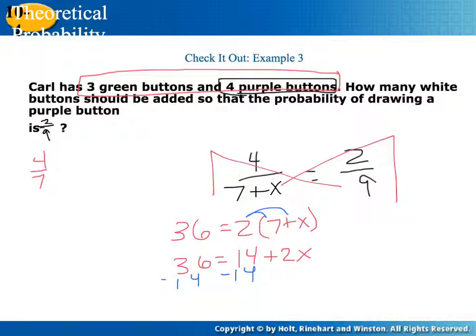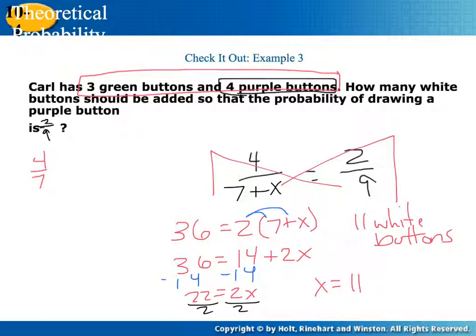And now I have 22 is equal to 2x. Divide by 2. And I solve for x, which is 11. How many white buttons need to be added? 11 white buttons. If I added 11 white buttons to my total, I would come up with a probability of 2/9 of picking out a purple button.